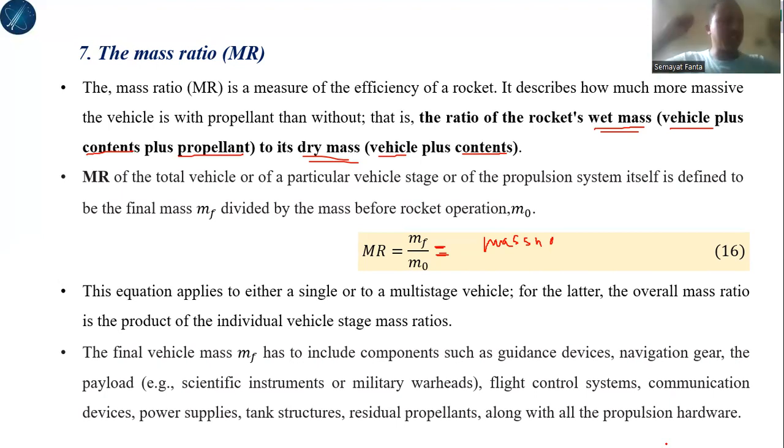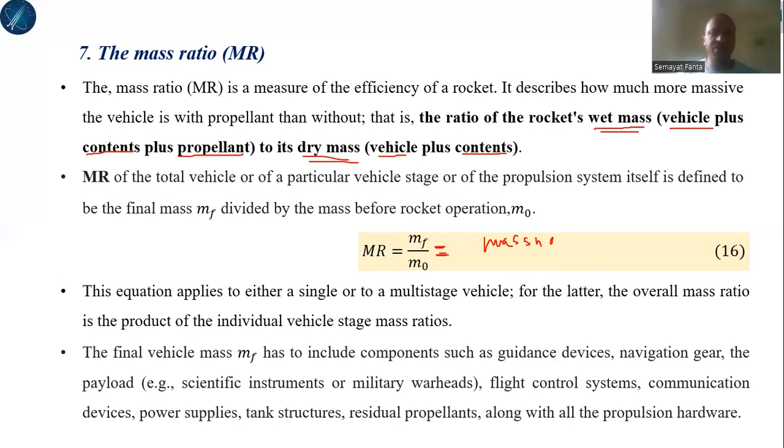Once the booster stage is dropped from the staging, it continues to the sustainer stage, the third stage, fourth stage. All stages have their own propellant, so the overall mass ratio is the product of individual vehicle stage mass ratios.